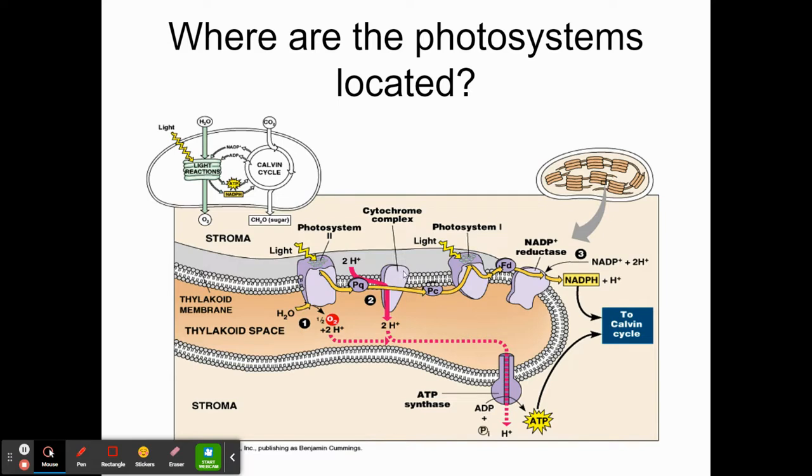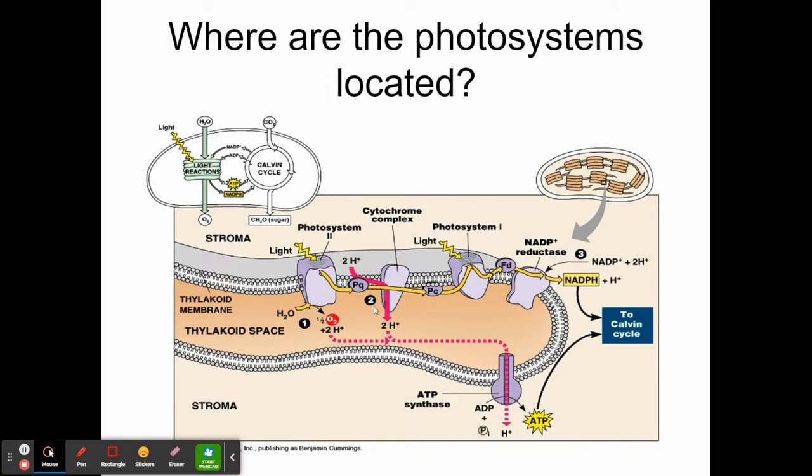Those electrons are then brought to the cytochrome complex, which is going to use the energy of the electrons to pump protons from a low concentration within the stroma to a high concentration in the thylakoid space. Now, there's about a 1,000-fold difference of proton concentration between the stroma and the thylakoid space. That's a huge concentration gradient.